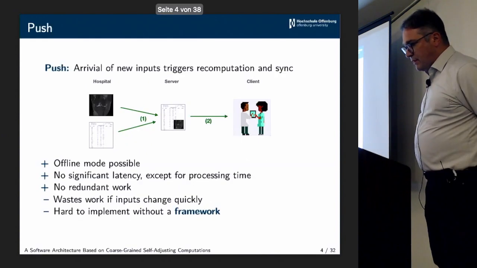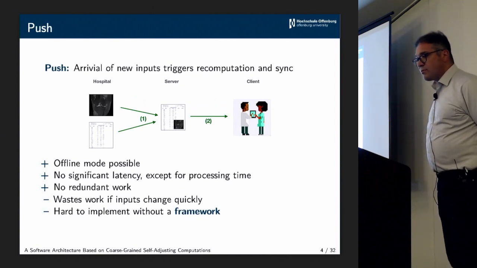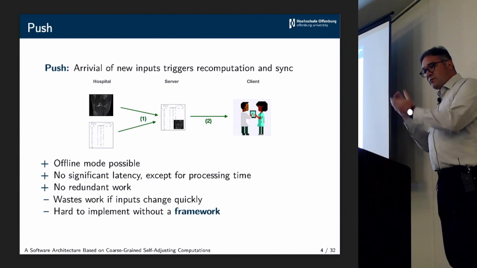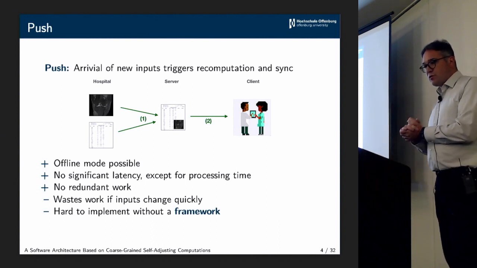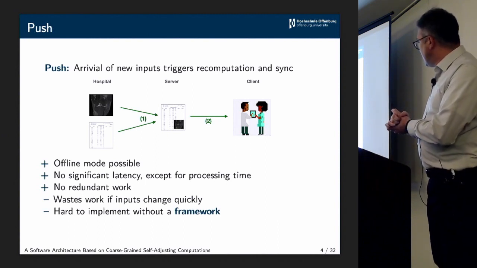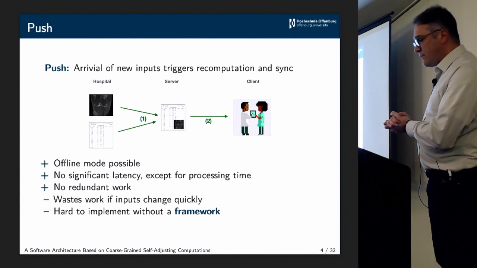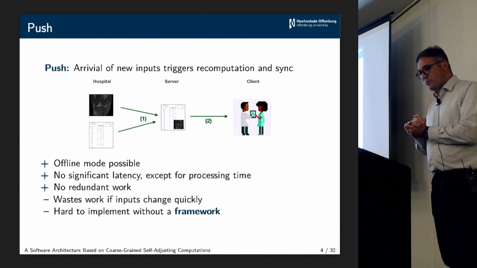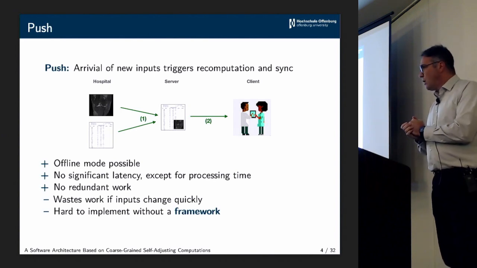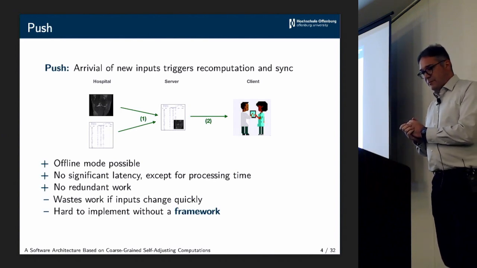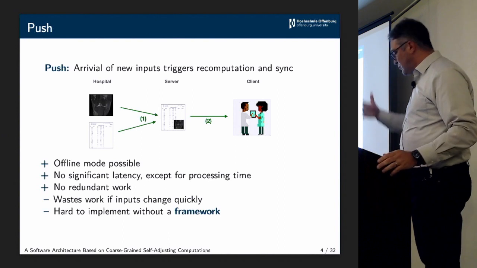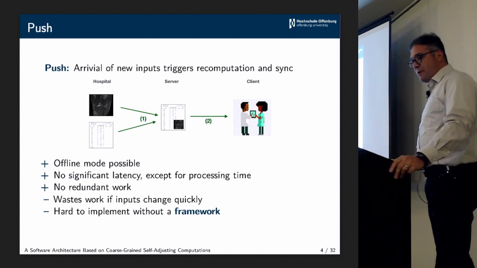The other obvious candidate is push. If new input data arrives, this triggers a recomputation and some sort of synchronization, sending the aggregated documents to the clients. With this approach, you can implement offline mode quite efficiently. There is no significant latency except for the time it takes to process the changes and to compute the new documents.